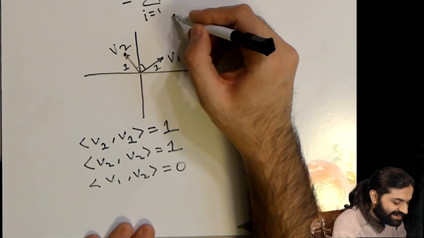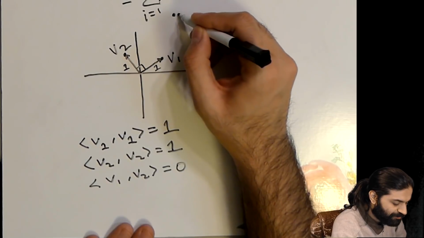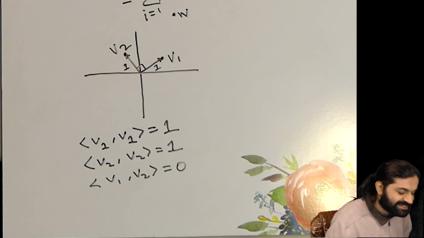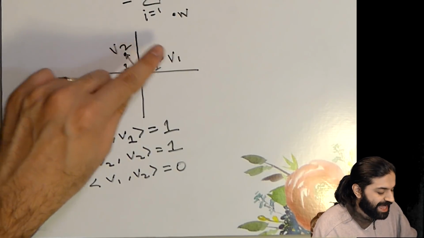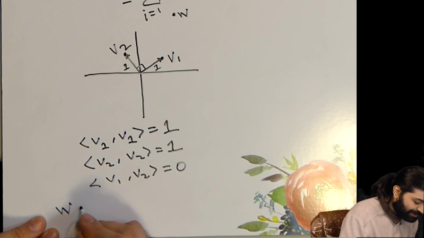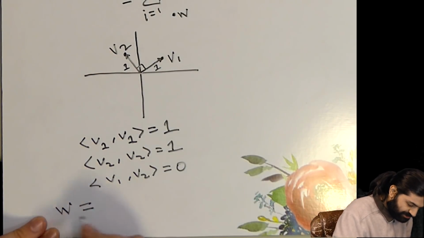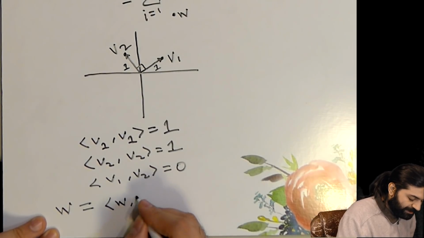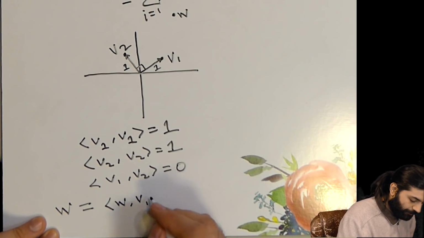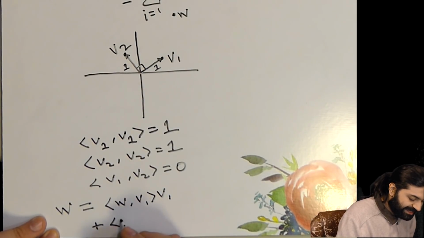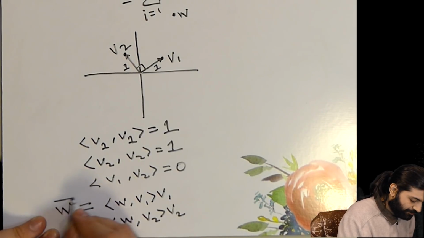But there's actually more. Because if I take another vector somewhere over here, W, it doesn't matter what W is, it turns out it's very easy to decompose W as a linear combination of V1 and V2. So it just so happens that W, no matter what W is, in this situation, W is always going to be the inner product of W with V1, times V1, plus the inner product of W with V2, times V2.